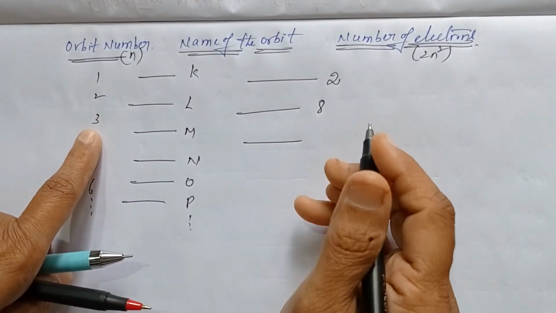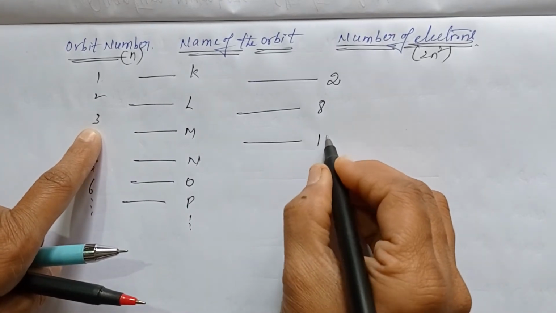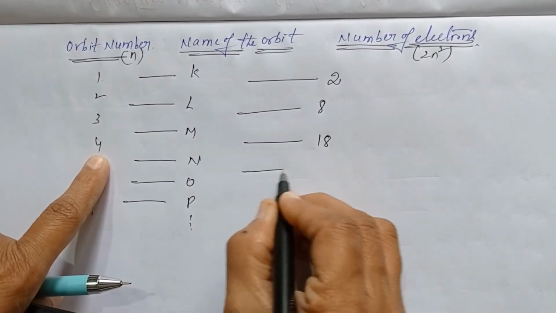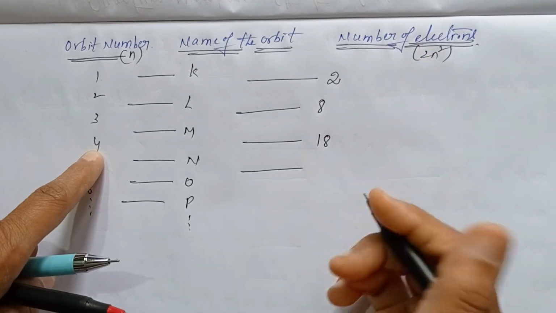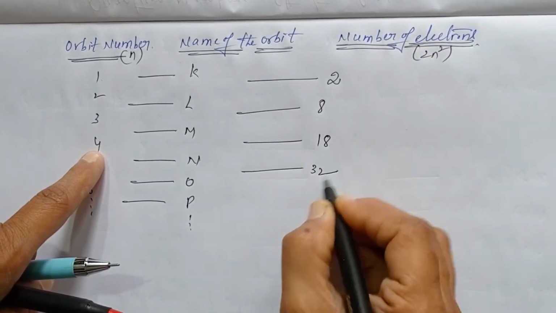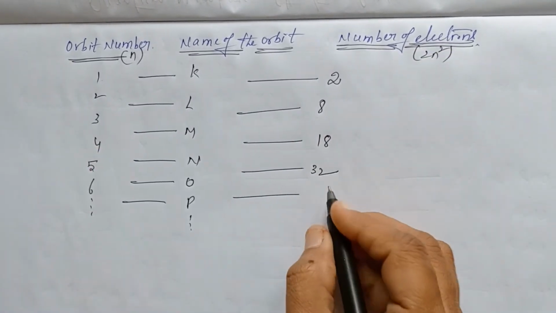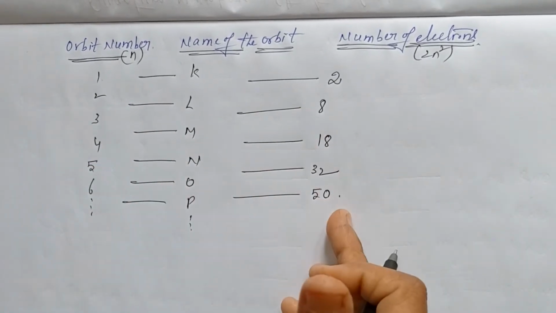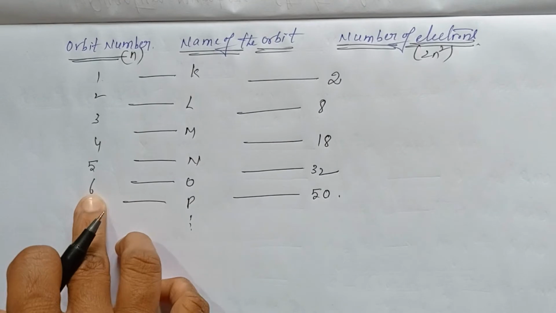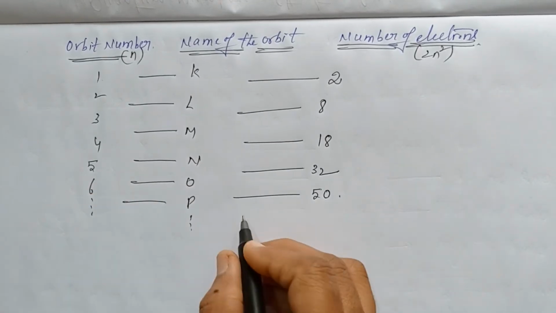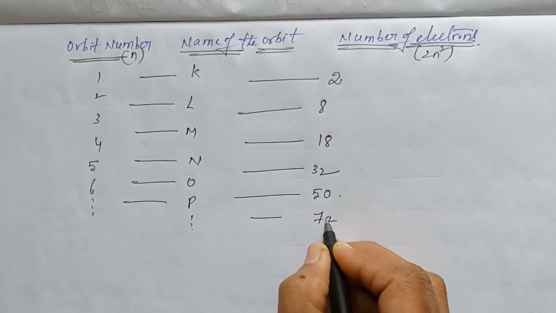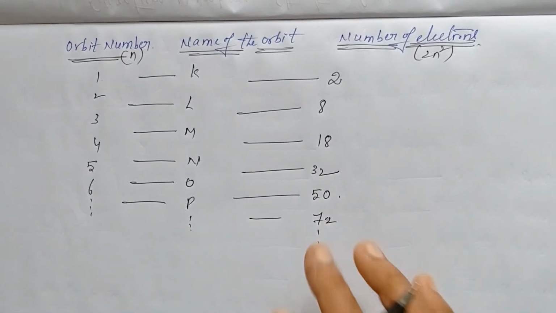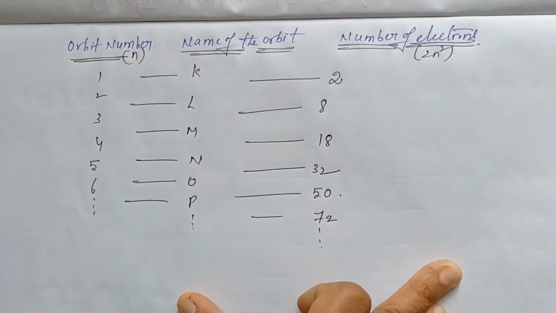Now n equal to 3 means 9 twos are 18. And n equal to 4: 2 into 4 square, 16 twos are 32 electrons. Next one, 50 electrons: 5 fives are 25, 25 twos are 50. 6 square means 36, twos are 72 electrons and so on. So like this you have to find it, students.